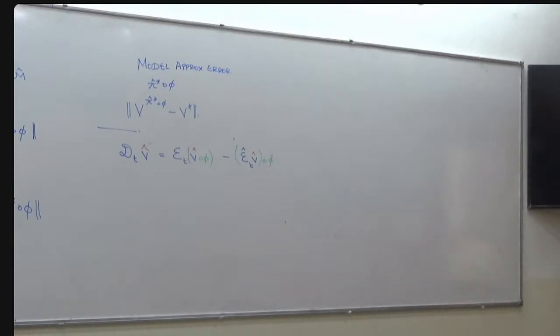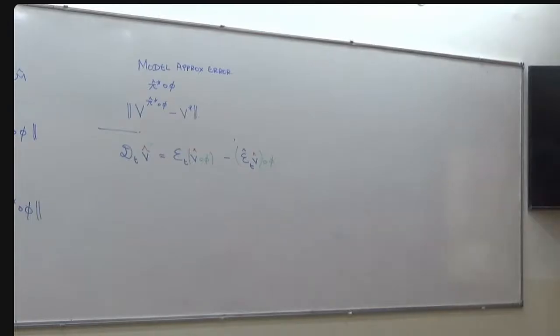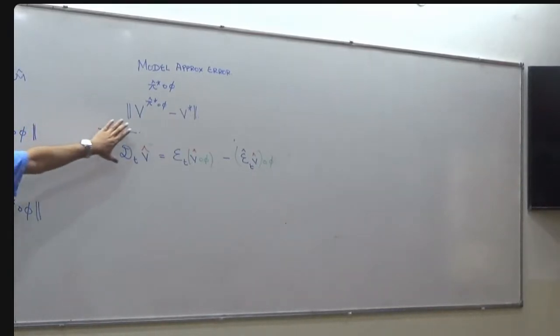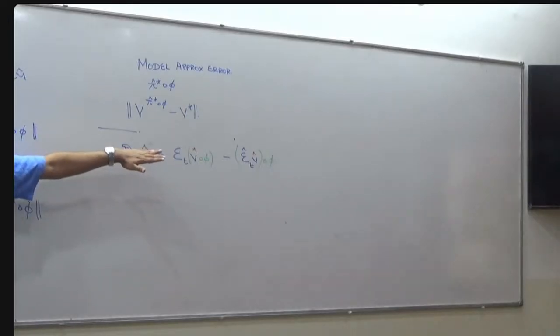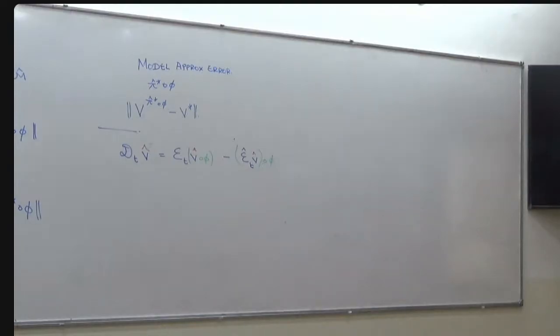In particular, as we did last time, when I said there are some instances where I want to get expressions in terms of the mismatch operator of V star rather than V hat star. The way I'm starting the construction now, I'll never be able to talk about the mismatch operator of V star. So if I wanted to do this in some learning setting where I want to use concentration inequalities, this is harder to work with than the other direction.